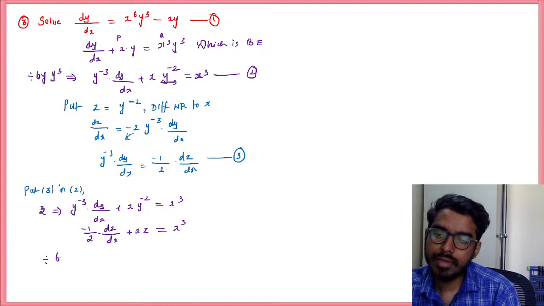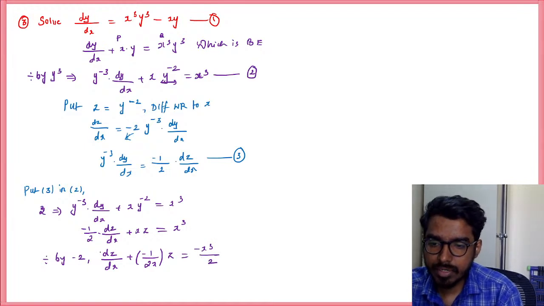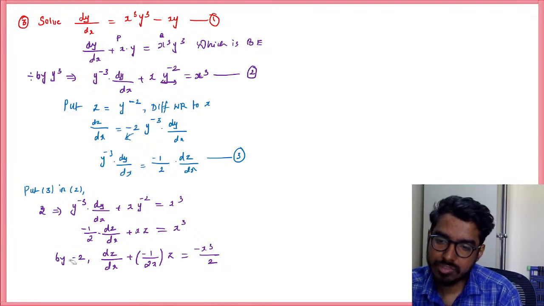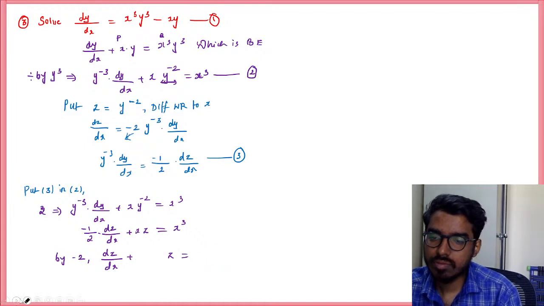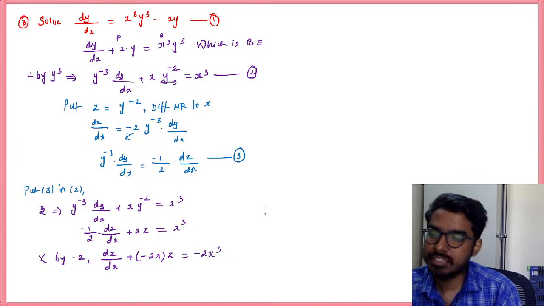So I'm going to multiply by minus 2 throughout. Multiply by minus 2, this will become unity, x will become minus 2x, and x cube will become minus 2x cube, right?